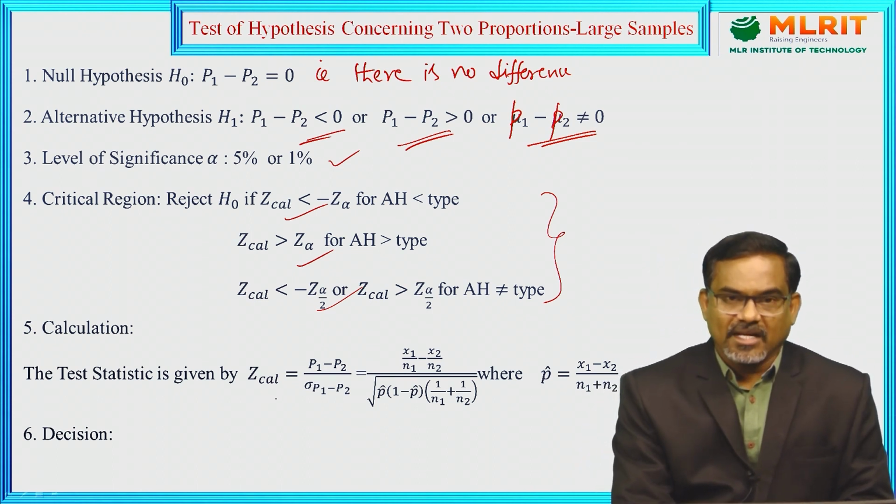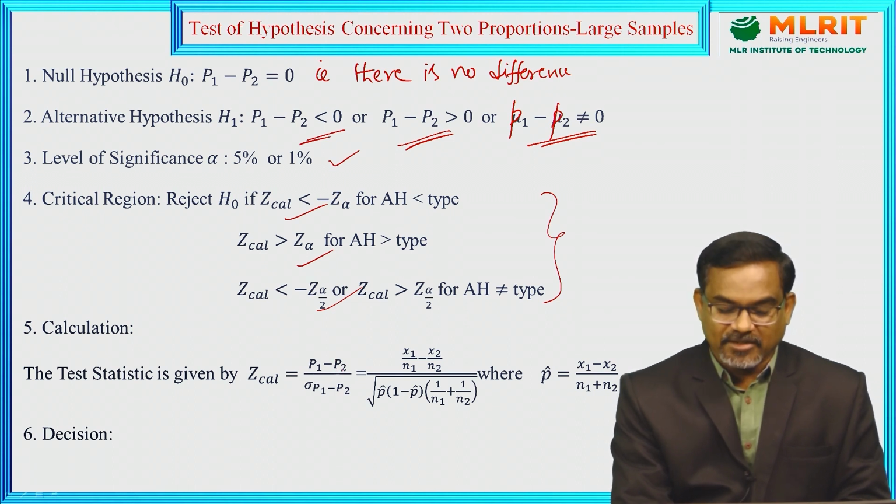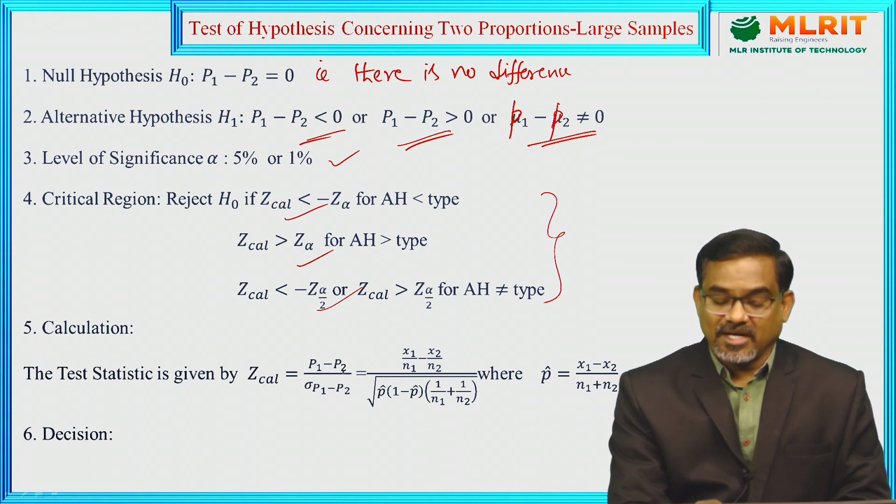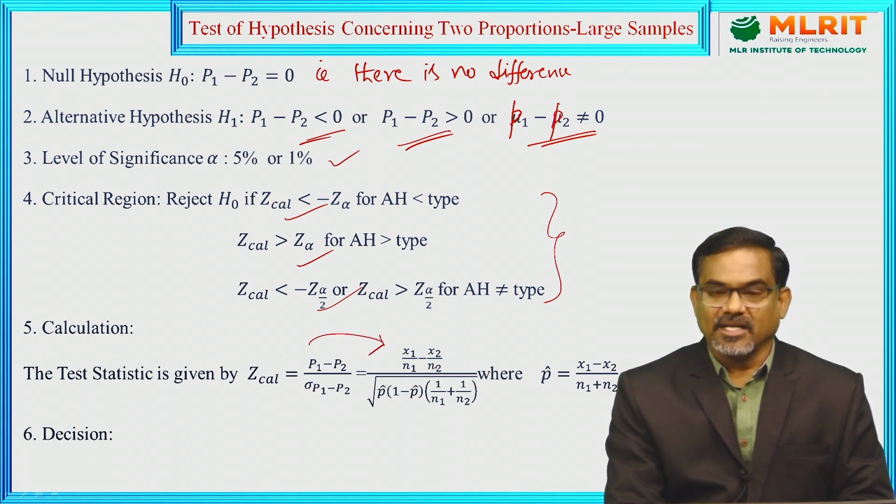Z calculated is given by the difference between the two proportions, P1 minus P2, divided by the standard deviation of the sampling distribution of the difference of proportions, and after simplifying we get Z calculated as x1 by n1 minus x2 by n2.